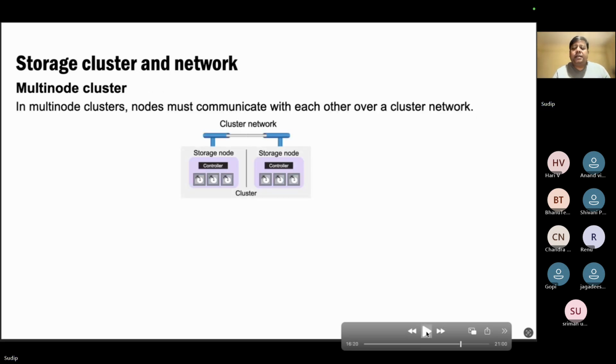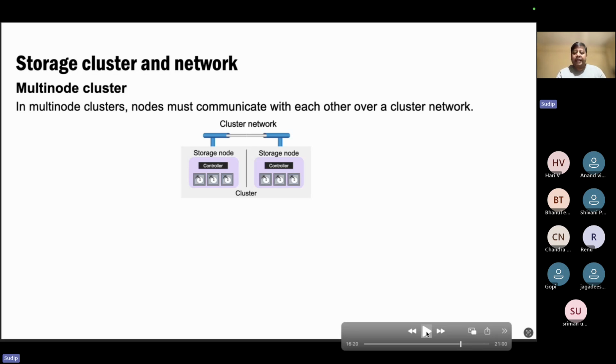Now, as we move into this world where the performance needs and data storage needs of the human generation are increasing day by day as we get more and more digitized, just two controllers may not be enough to serve the huge amount of data.